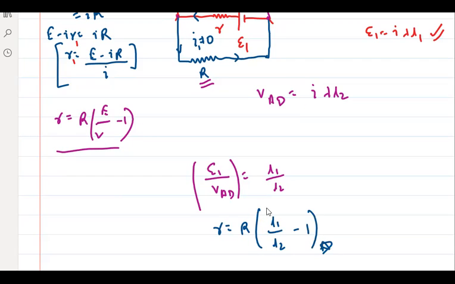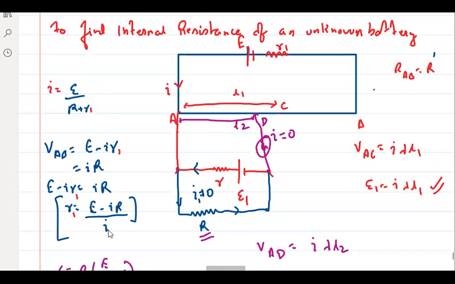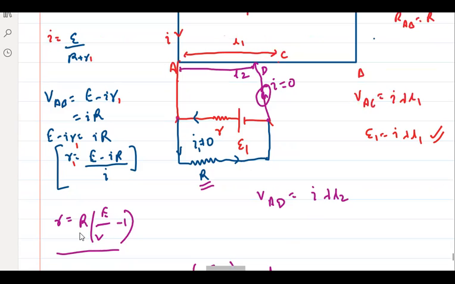Got it? This is a generic equation, it is for every circuit which is like this. Everyone got this? Should I explain it once again?